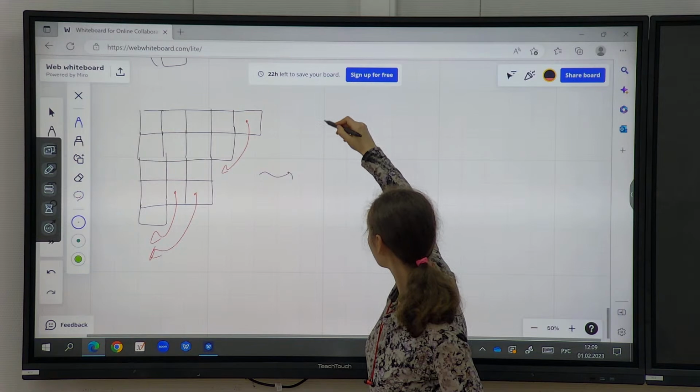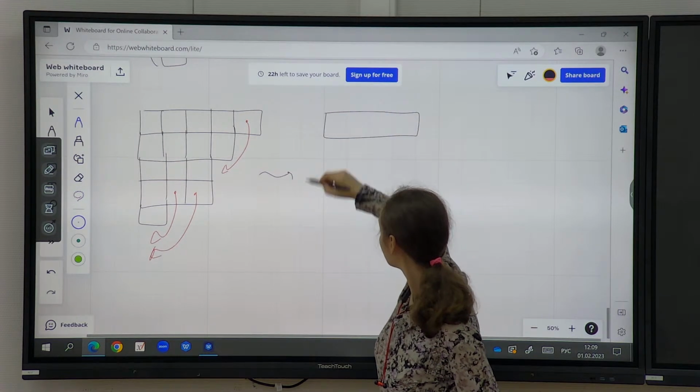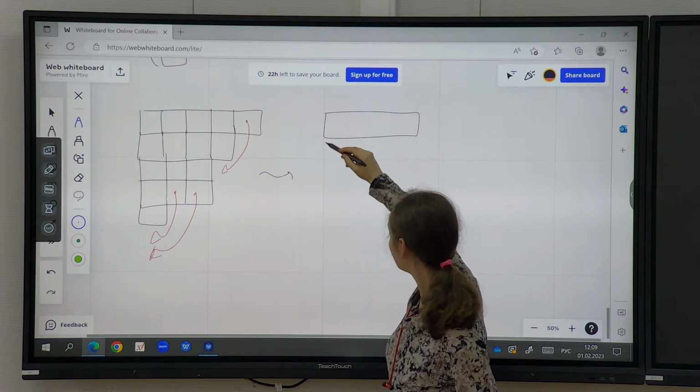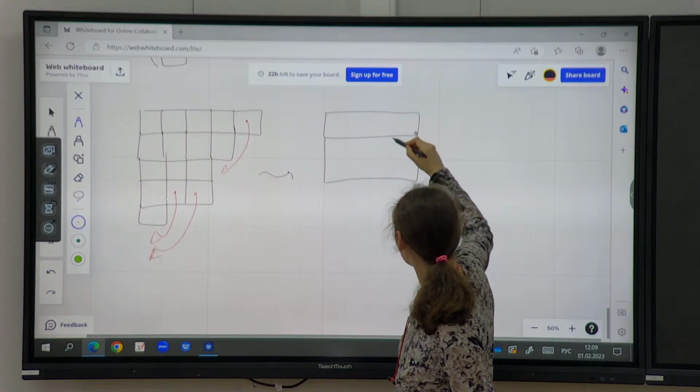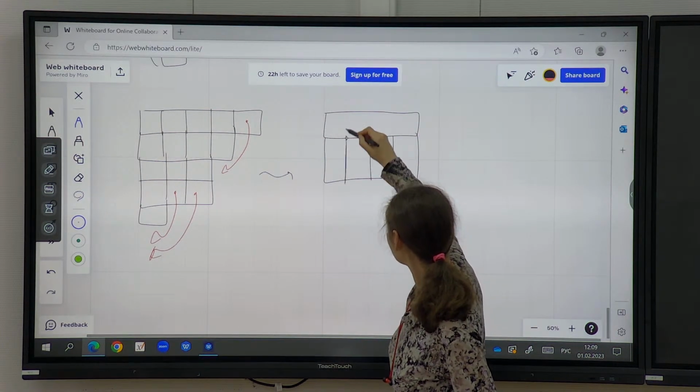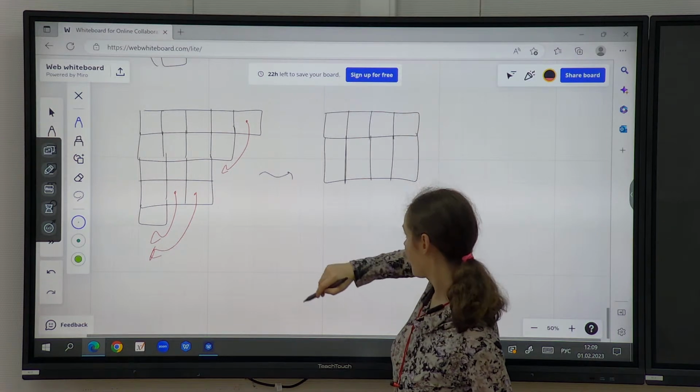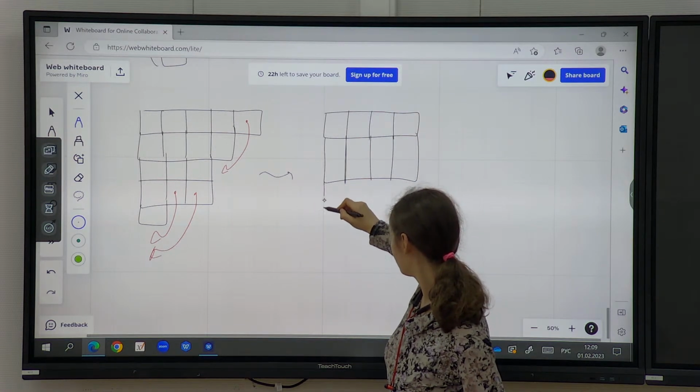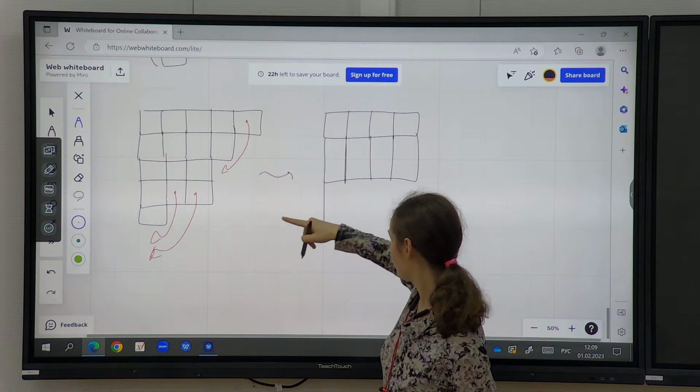So we obtain this diagram. 1, 2, 3, and 4.